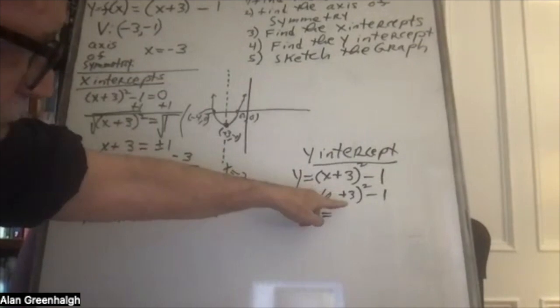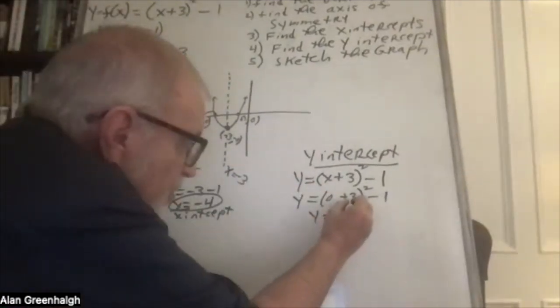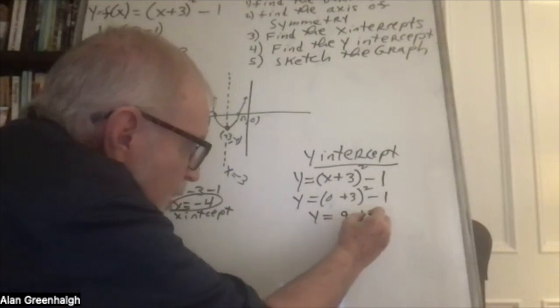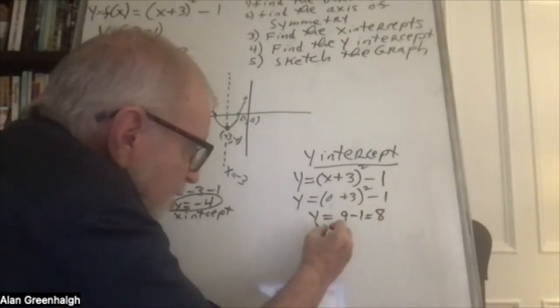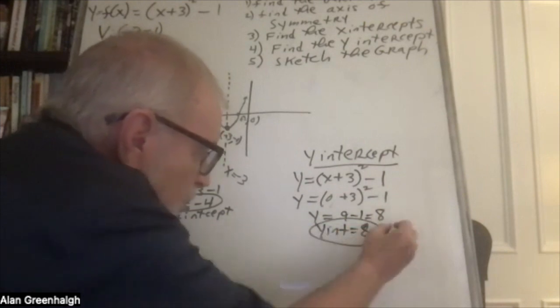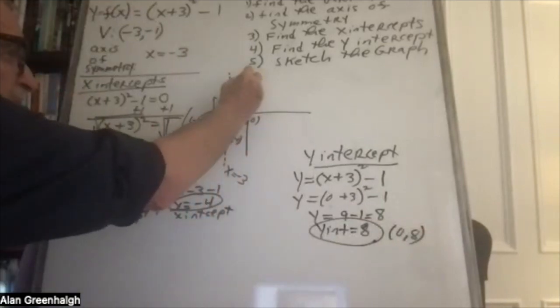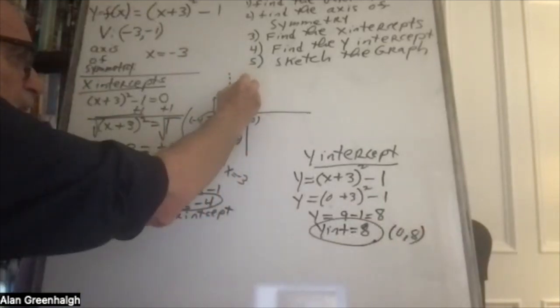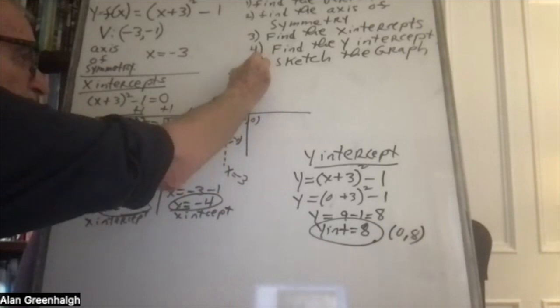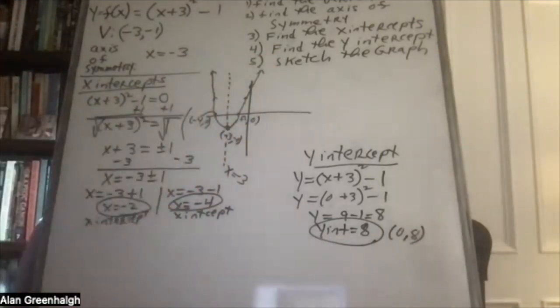And that bears truth over here, because 3 squared is 9, minus 1 is 8. The y-intercept is equal to 8. In other words, the point 0, 8. And that's going to be up here, which is perfect. Look at that thing go right up through there, and here it's going to just go up like that.